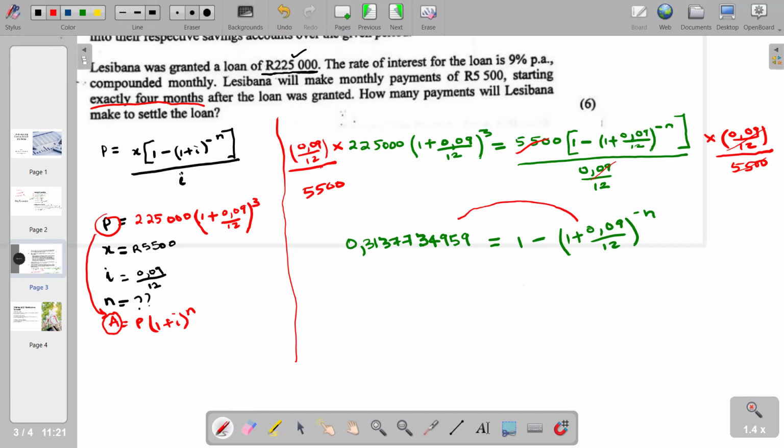So we take this bracket, which is negative, to that side, and we take this side to this side. So when this one comes to this side, it becomes positive, and when this one comes to this side, it becomes 1 minus that.